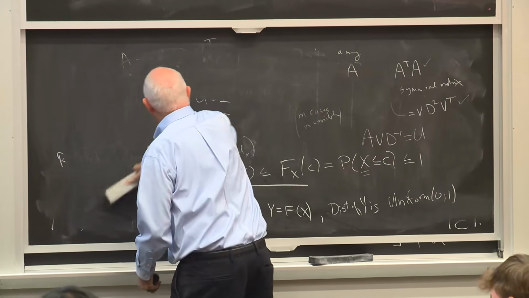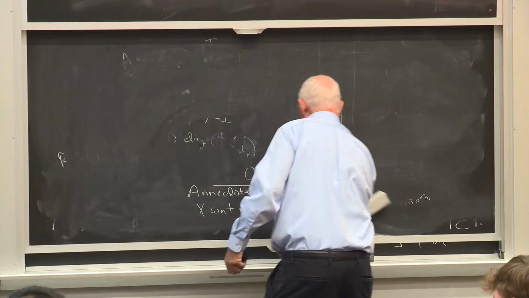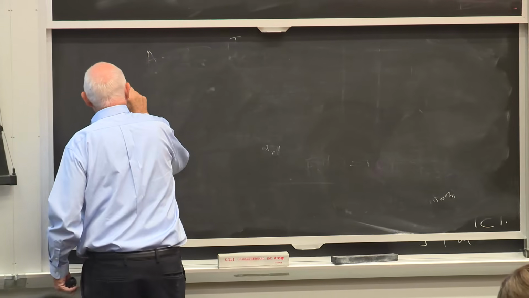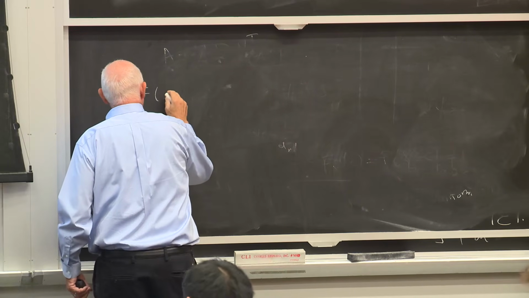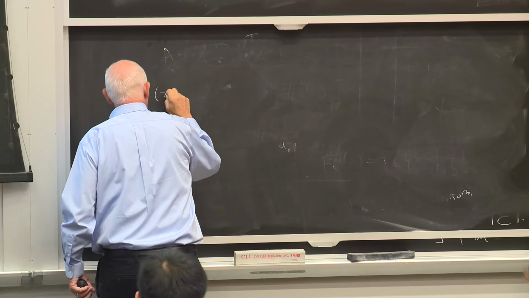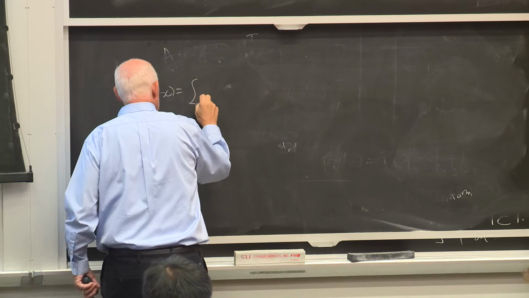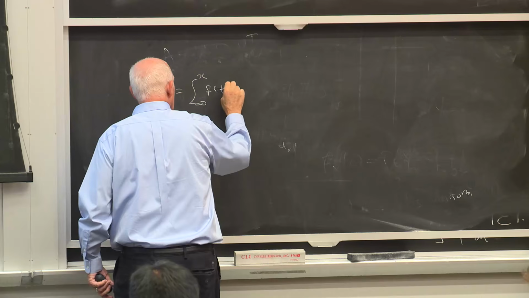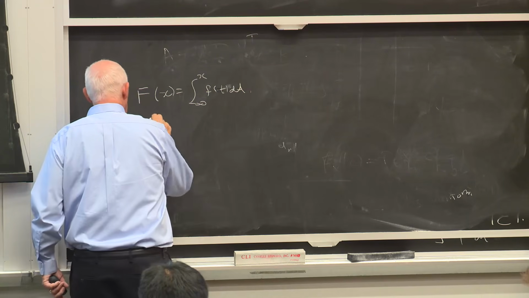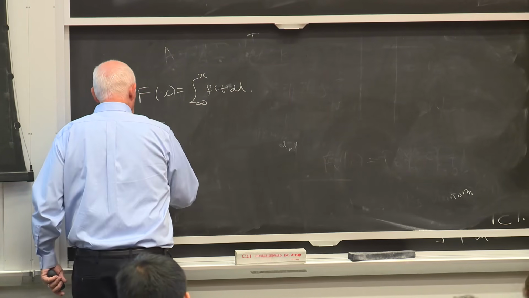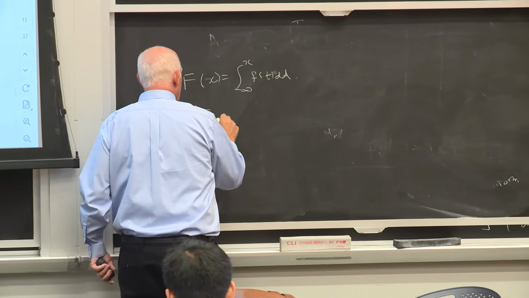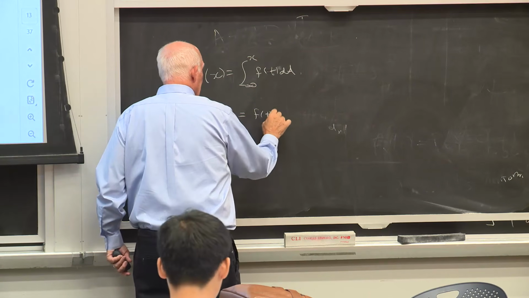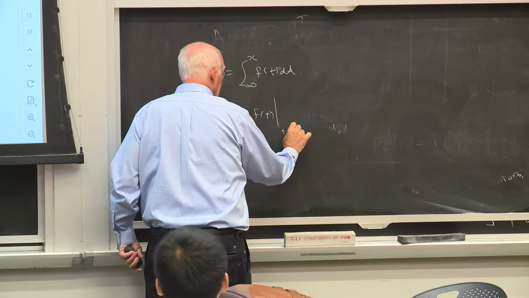So with this formula, it's all sort of familiar, but if we have F of x equal to the integral from minus infinity to x of f of t dt, then the derivative of F evaluated at x turns out to be equal to f of t evaluated at t equal to x.